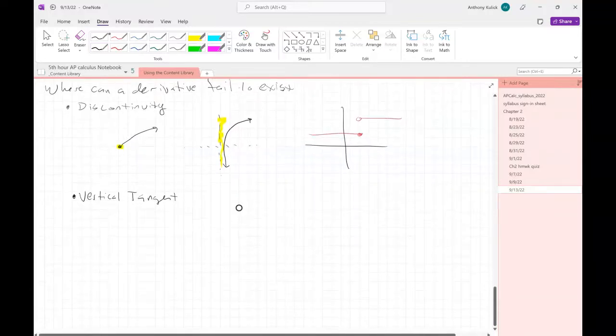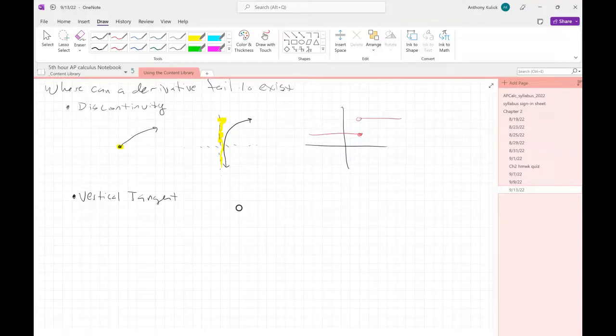Another place we're going to have to worry about is when we have a vertical tangent. So what do we mean by that? If you remember, kind of the canonical example is the cube root function.